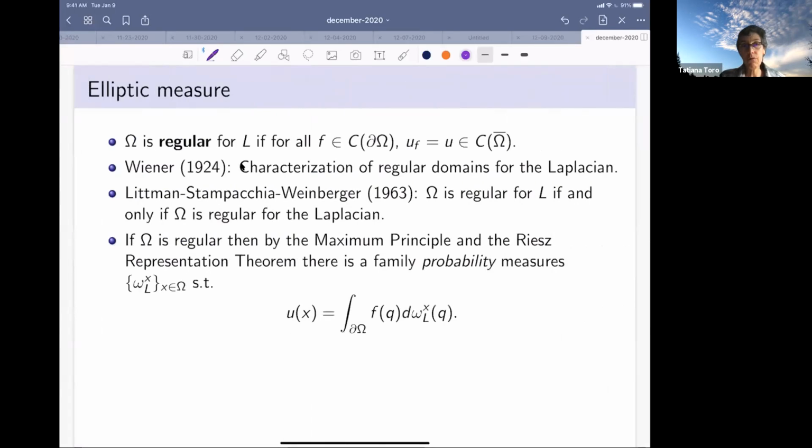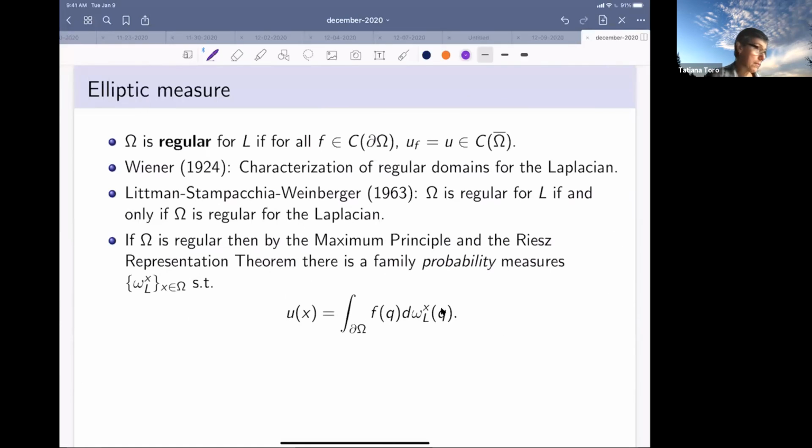And then if we have a regular domain, by the maximum principle, so we all know that the maximum occurs at the boundary, and then the Riesz representation theorem, we know that there's a family of probability measures such that we can write the solution u of x as the integral over the boundary of f of Q d omega L x of Q.